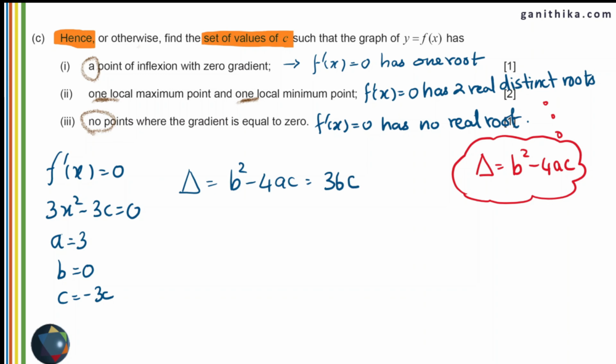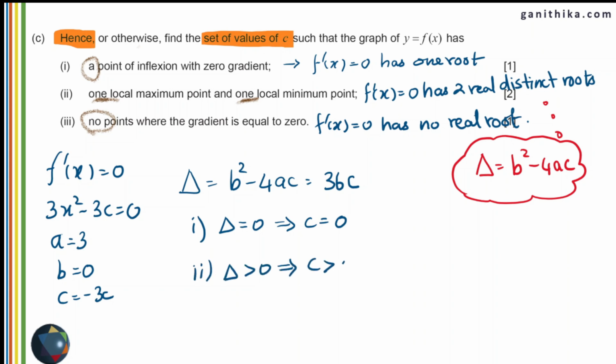And for the first question, the discriminant should be equal to 0 to have equal roots. Therefore, solving for 36c equal to 0, you get c equal to 0 as your value for c. So first question, the value of c is equal to 0 to have a point of inflection with 0 gradient.